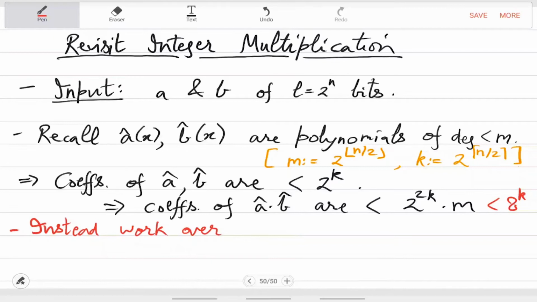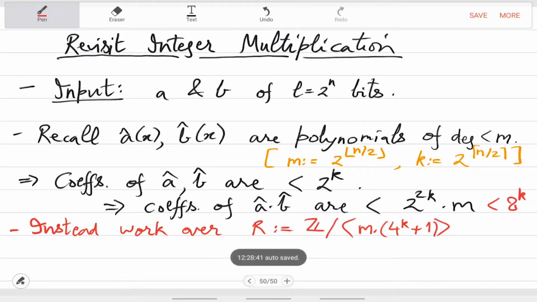work over R, m times 4 raised to k plus 1. This is slightly bigger than that bound. So work modulo this.